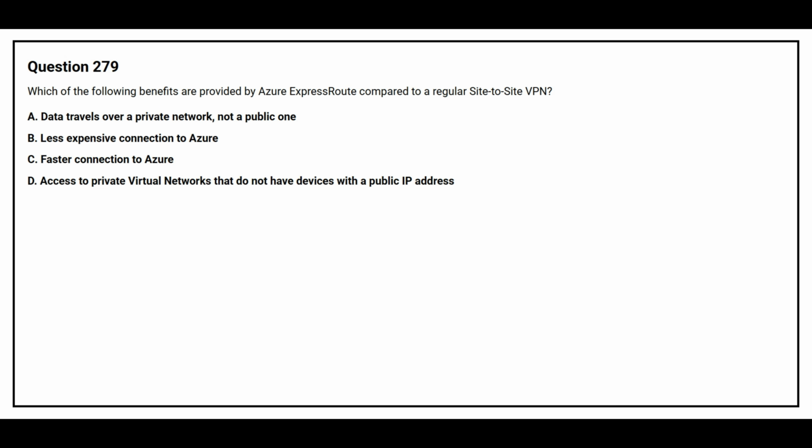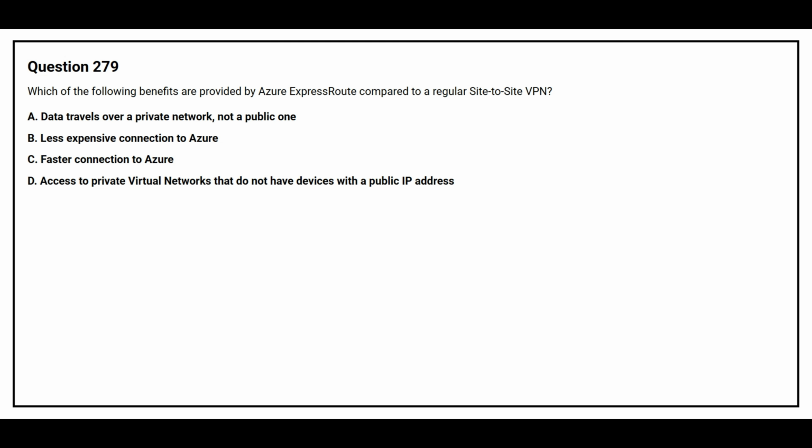Question number 279. Which of the following benefits are provided by Azure ExpressRoute compared to a regular site-to-site VPN? Option A. Data travels over the private network, not a public one. Option B. Less expensive connection to Azure.